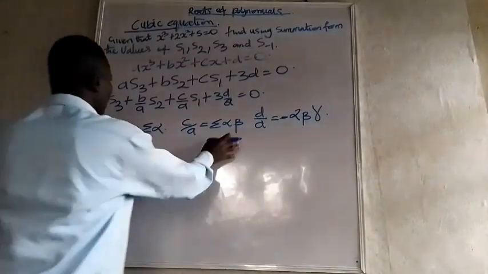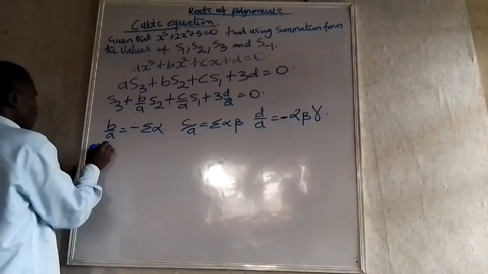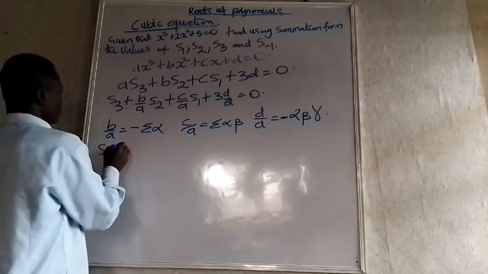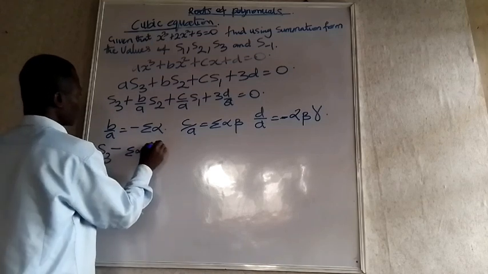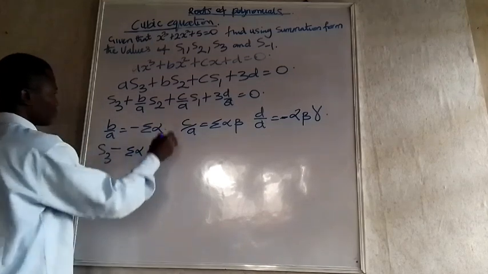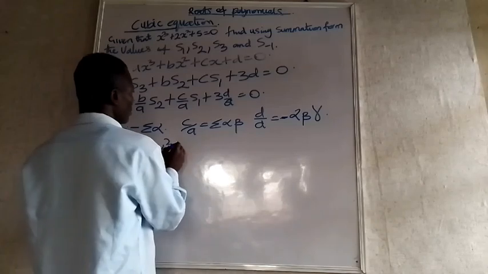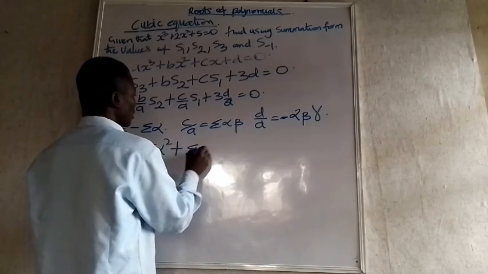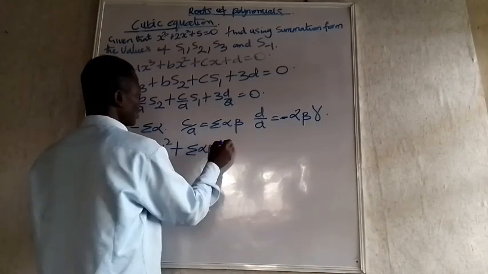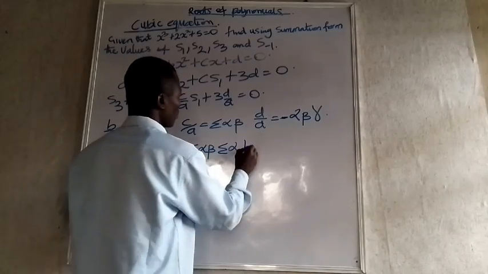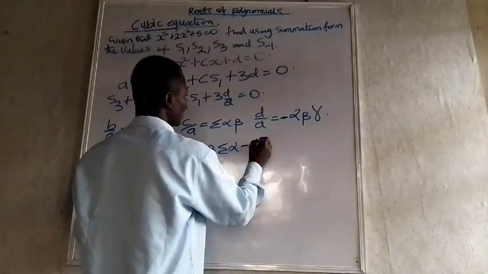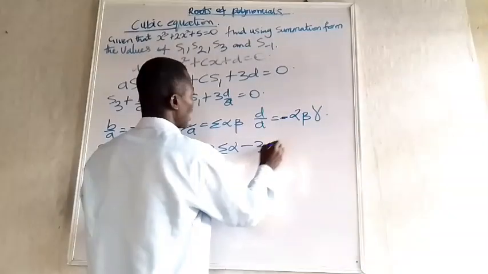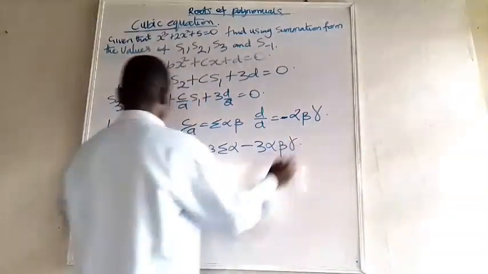So let us substitute this back into this equation. So you have S3 minus summation alpha into summation alpha squared plus summation alpha beta into summation alpha plus, okay, this is minus as well, minus 3 into alpha beta gamma.